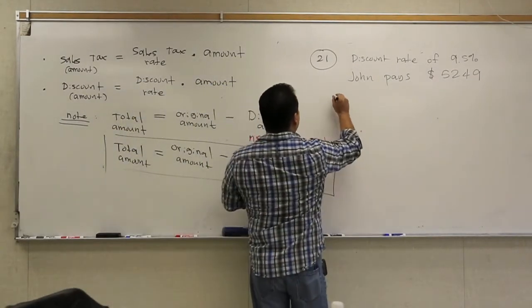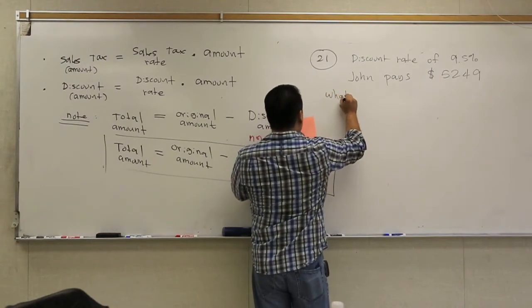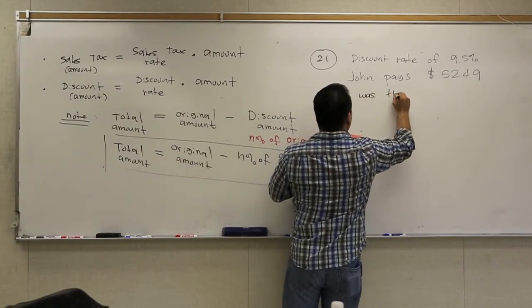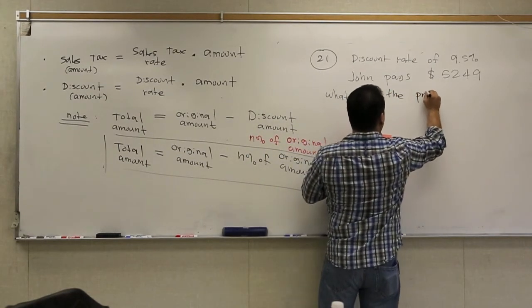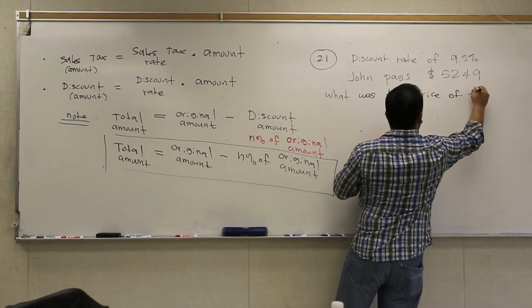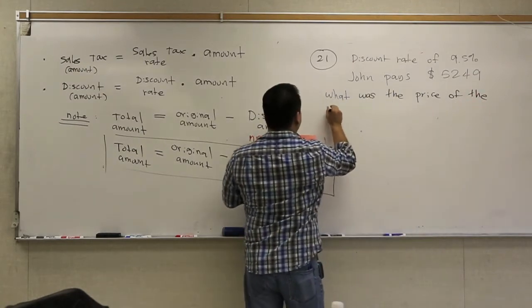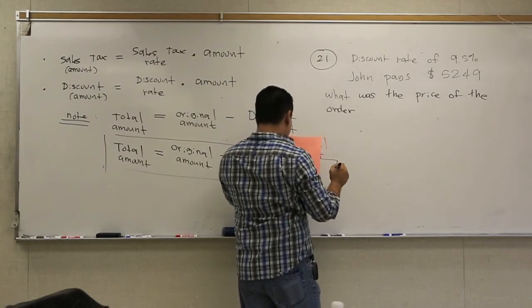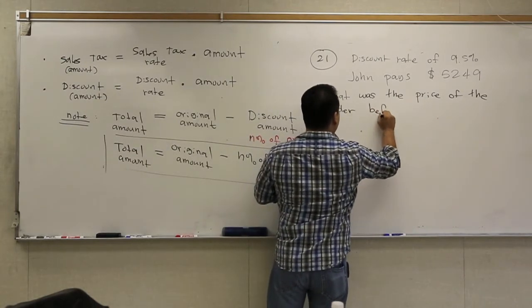Now here's the question. What was the price of the order before the discount?